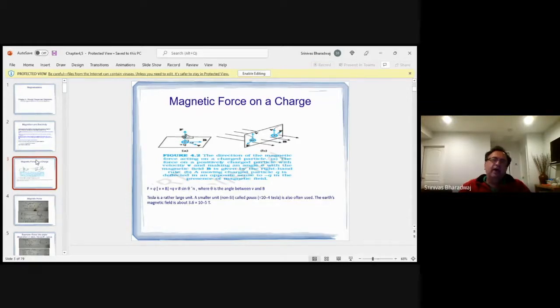So if the force is perpendicular to V, what happens? You have a particle moving in this direction, and it experiences a force in this direction, so it tends to be centripetal.